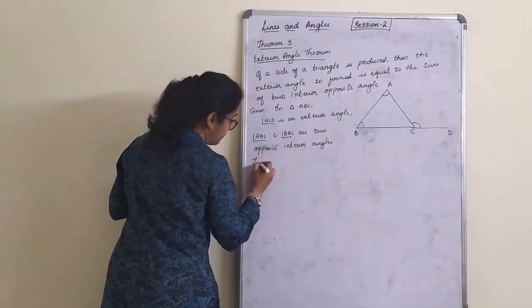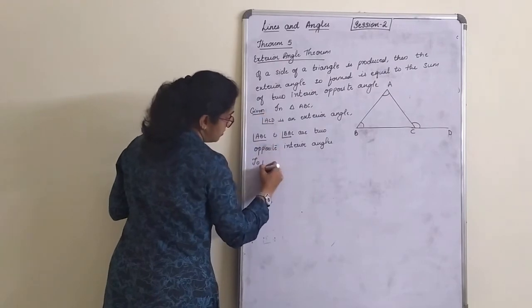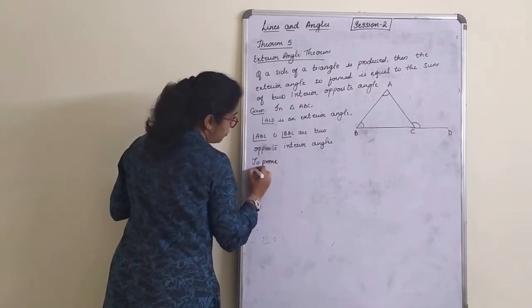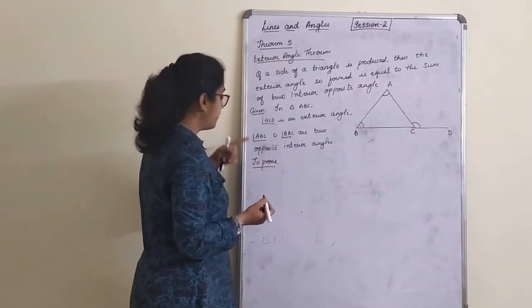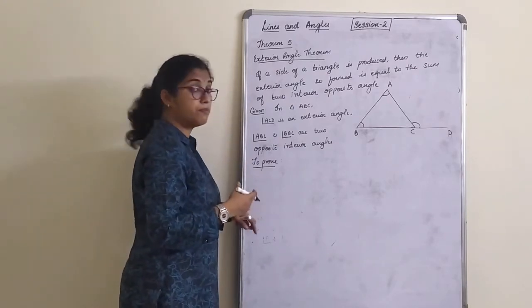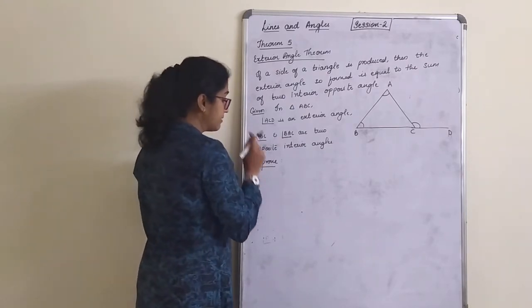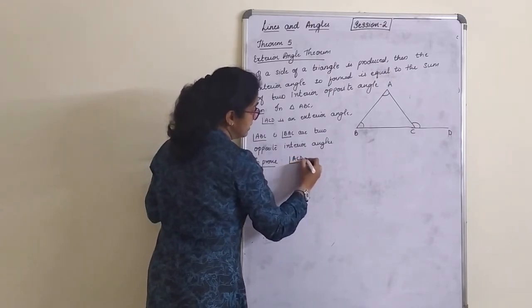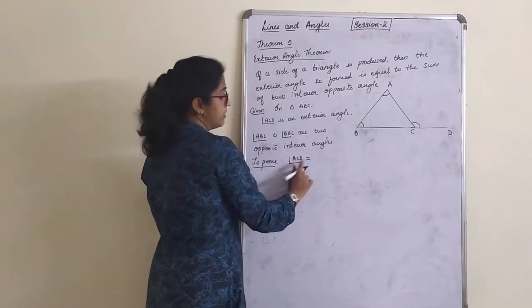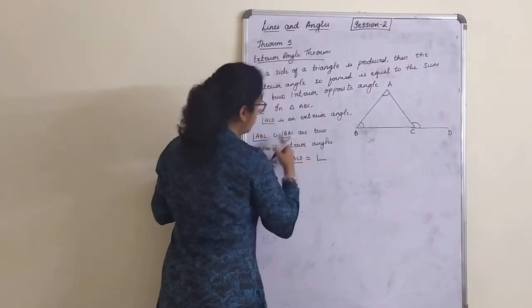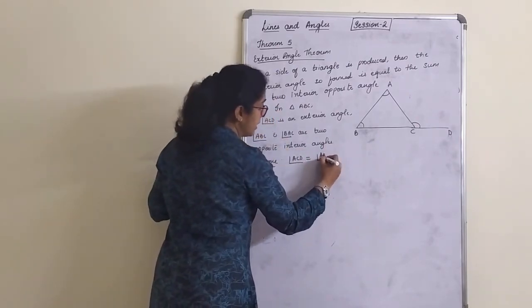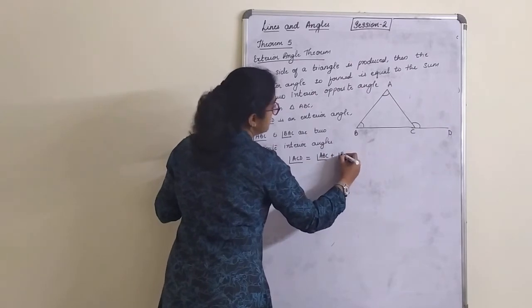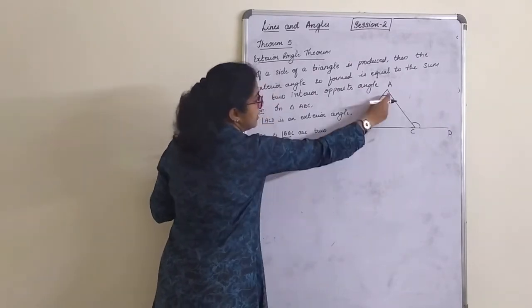Okay, what we have to prove? This is given. To prove. Given, to prove, and if needed construction and proof. These are a must in theorems. What we have to prove? Angle ACD, the exterior angle, is equal to the sum of the two opposite interior angles, angle ABC plus angle BAC.